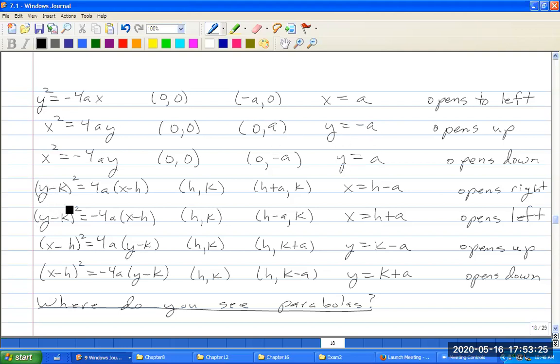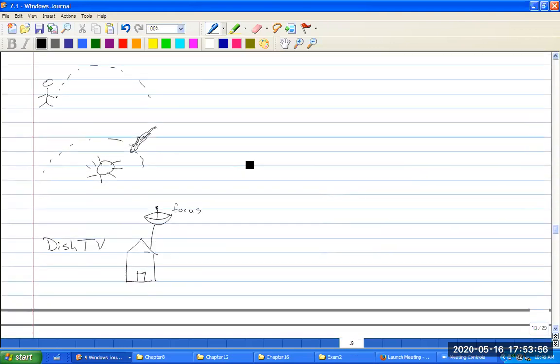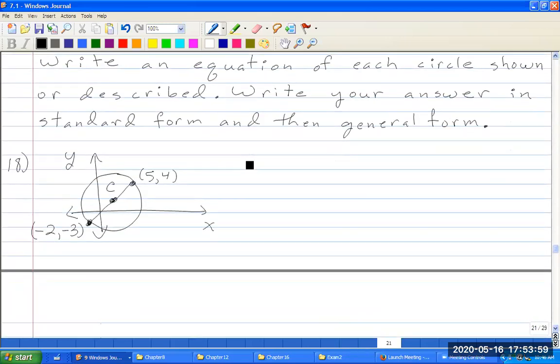So if there's a y squared here, I do everything to the x, but not to the y. If there's an x squared here, I do it to the y, not the x. The focus will be the same sign as this, whereas for the directrix it'll be opposite, and that always holds for all of these. Okay, so now let's get back to this problem.